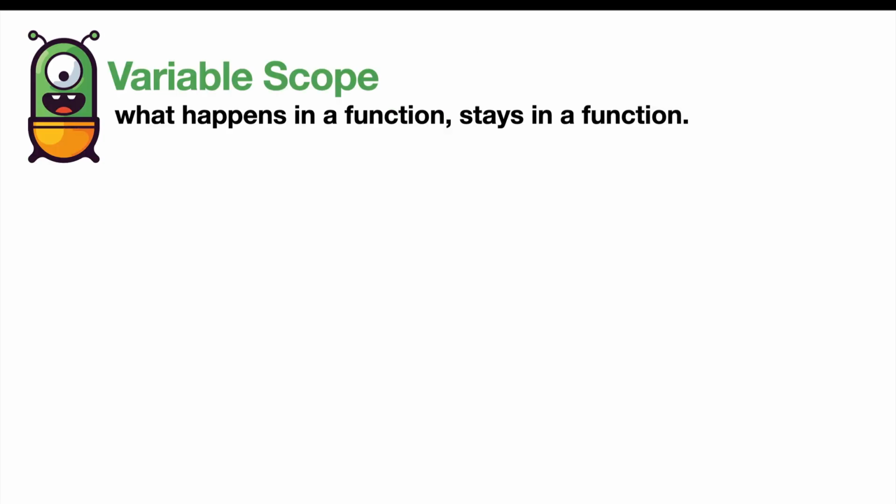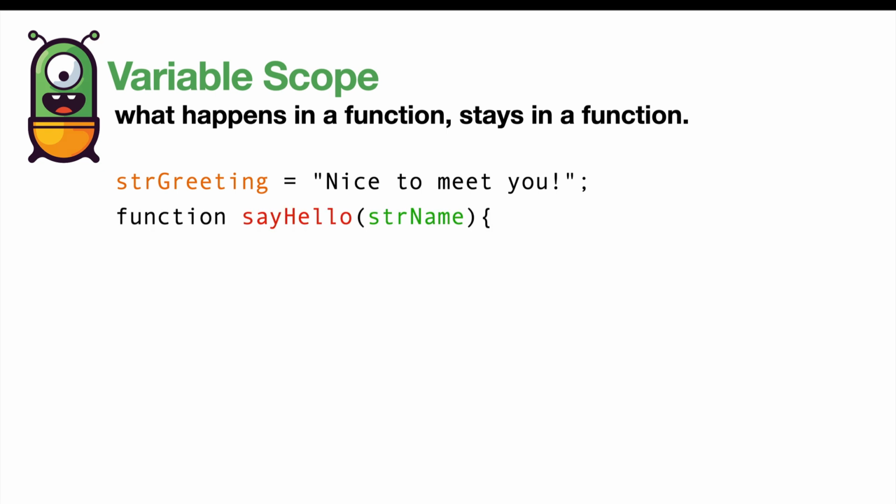So what happens in a function stays in a function. It's kind of like Las Vegas in that way. If we have a string that says a greeting, like "nice to meet you," and that string is defined in our main program, and we have a function, our little friend here, sayHello, with strName as a parameter.